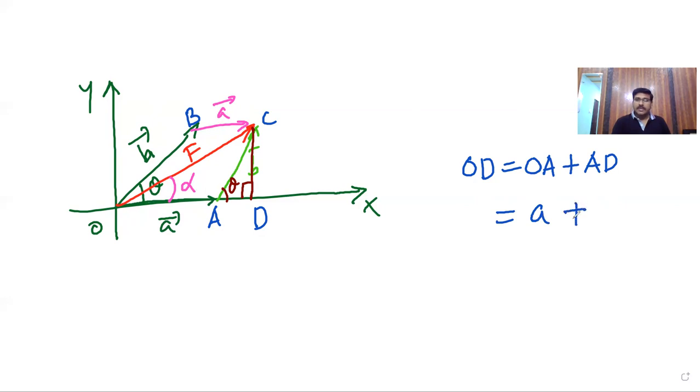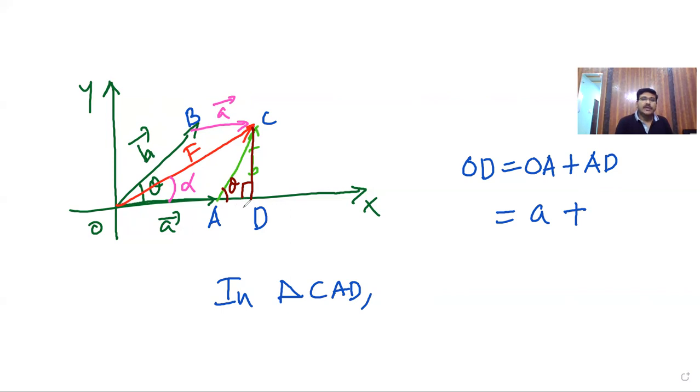Plus AD. AD is what? Again, observe. In the right angle triangle CAD, this is a right angle triangle. I want to find out AD.